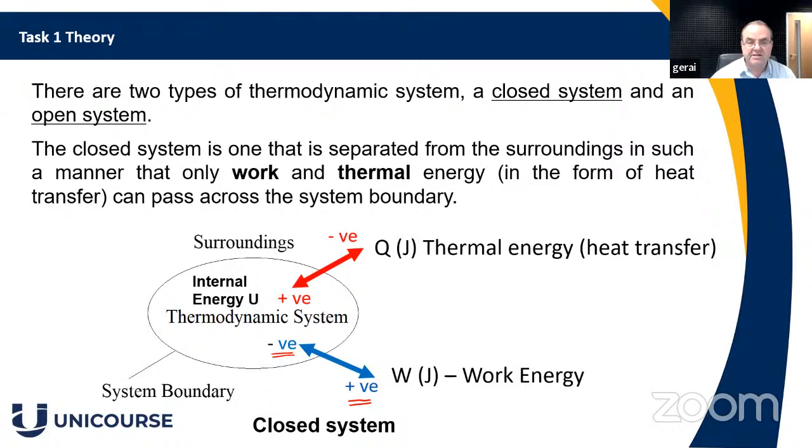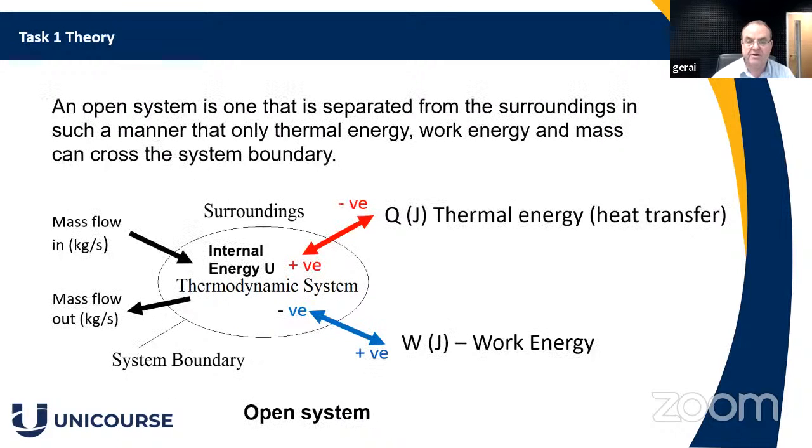So now we'll look at an open thermodynamic system. It's very similar, except we have something called mass flow that can cross the system boundary. So we have our system boundary, we have our surroundings and the system. It has an internal energy still.